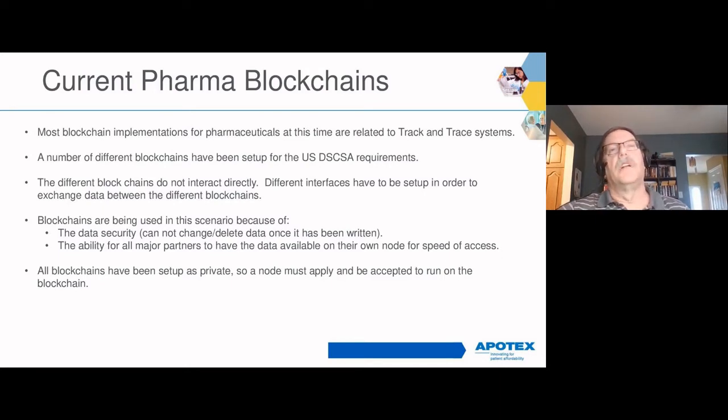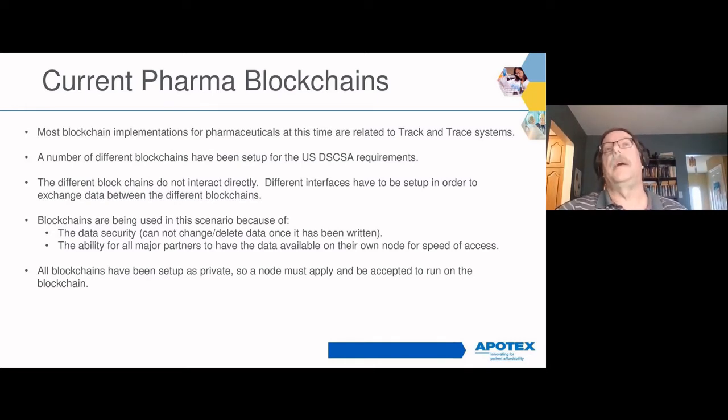And on a blockchain, major partners, such as the wholesalers, may actually want to implement a node themselves so that they have the data on their own computer systems on their own premise. And that means that they can access the data directly.